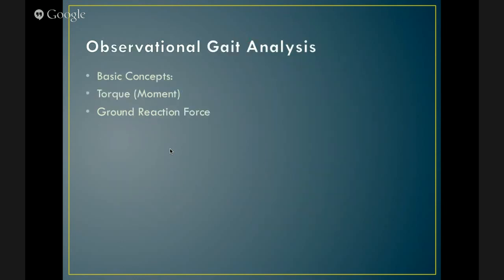And we won't get into this, but as far as gait analysis, the terms you want to keep in mind and brush up on in your gait course are the idea of torques or moments, if we're referring to body movement, so rotational forces, as well as the ground reaction force. All of that affects the efficiency of walking as well as the safety. So we'll leave it at that.